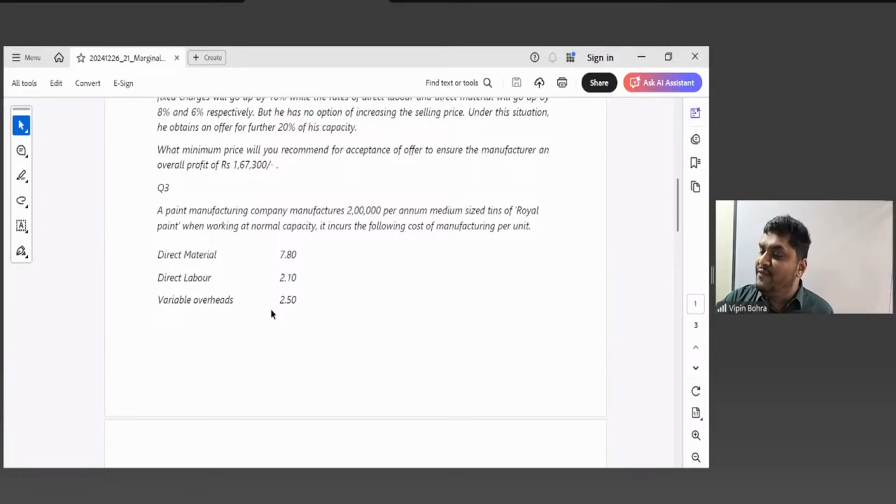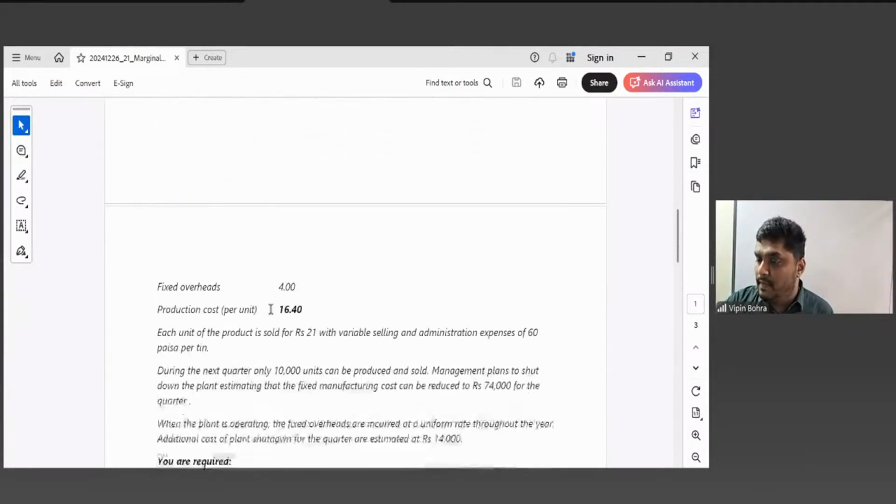It incurs the following cost of manufacturing per unit, wherein direct material is 7 rupees 80 paisa, direct labor is 2 rupees 10 paisa, variable overhead is 2 rupees 50 paisa. Fixed overhead is rupees 4.